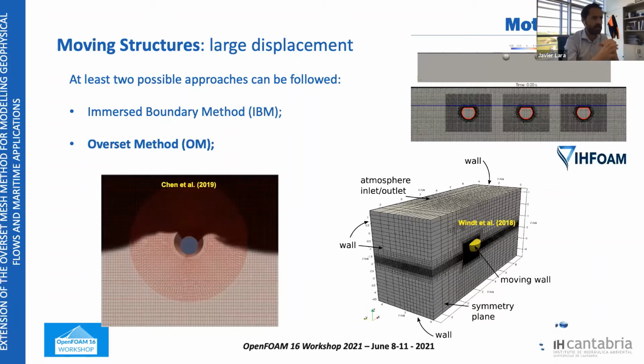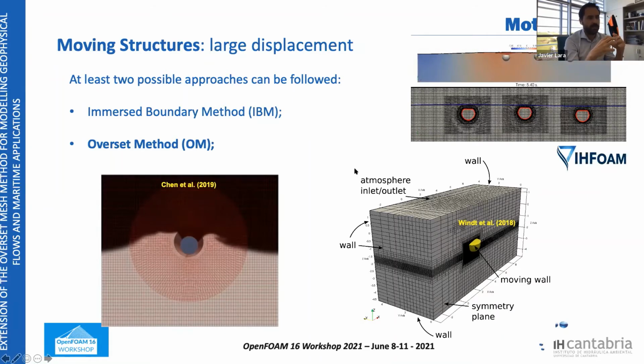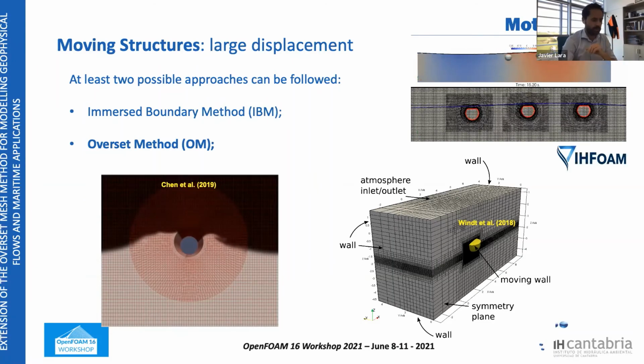And the overset method is another possibility that we find in the literature, in which the flow around the object is very well defined according to the definition of a body-fitted mesh.